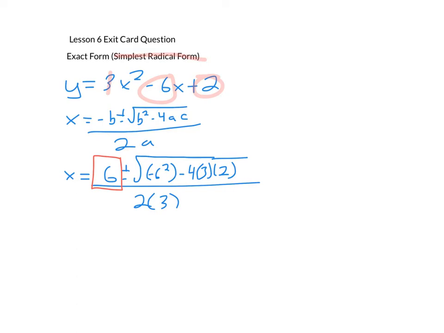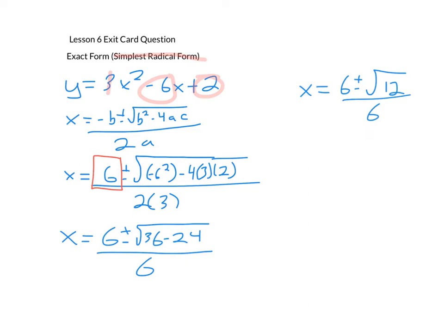So we're going to simplify under the root, and we're going to do 2 times 3 in order to get our denominator, which is going to give us 6 plus or minus the root of 36 minus 24 all over 6. We will now do 36 minus 24 to simplify under the root, which is going to give us x is equal to 6 plus or minus the root of 12 over 6.